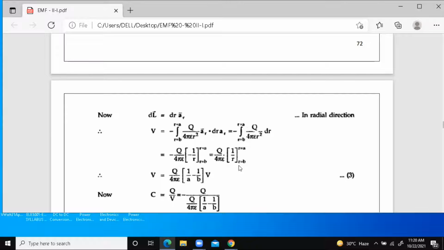Sir, could you go back to the diagram? Yeah, just let me try to get rid of this.